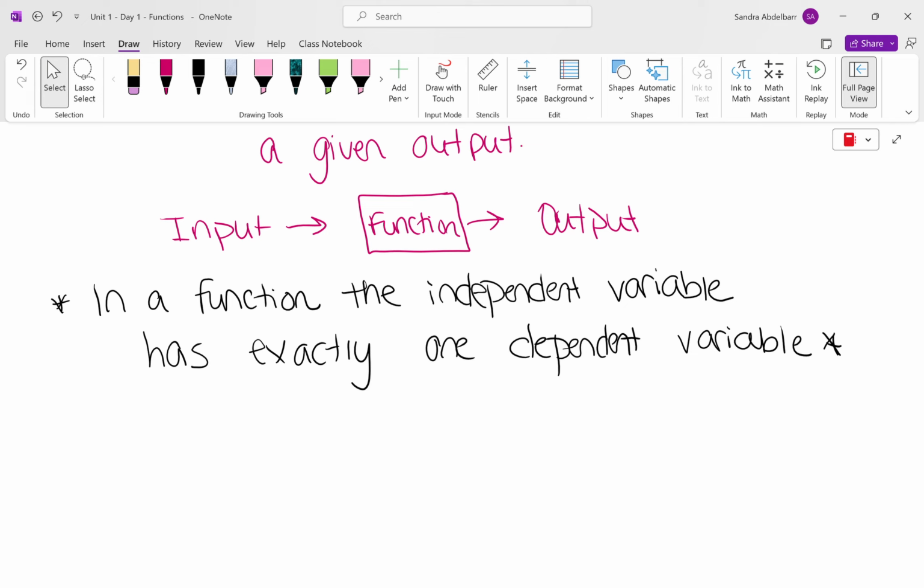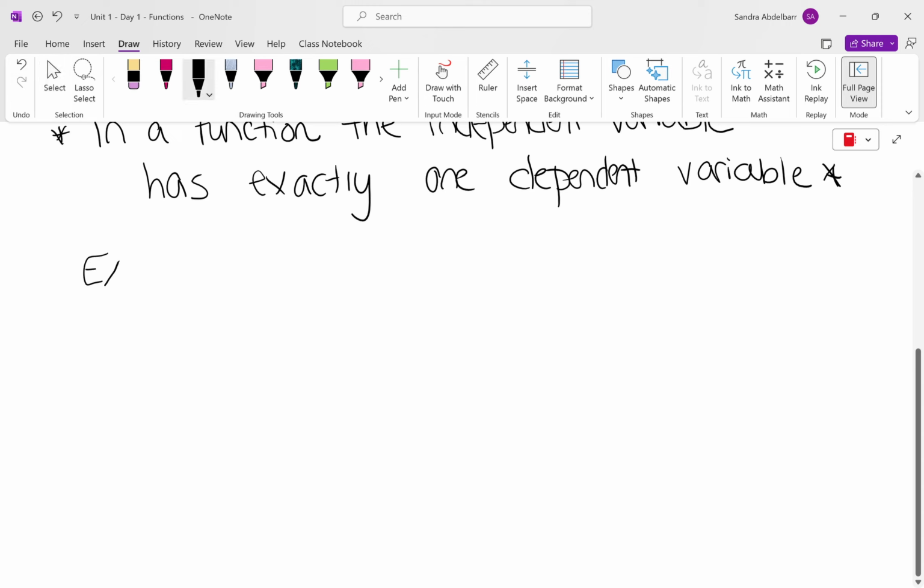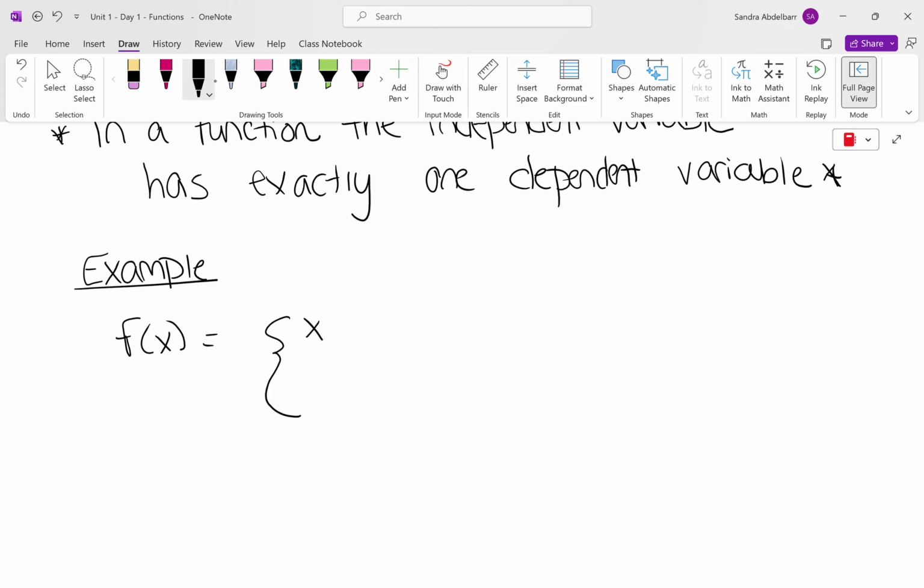So let me give you an example. Let's say f of x is equal to x squared if x is even, and x plus 5 if x is odd.